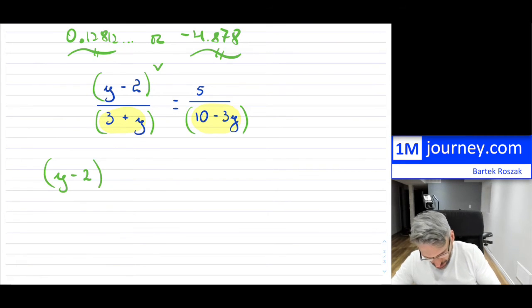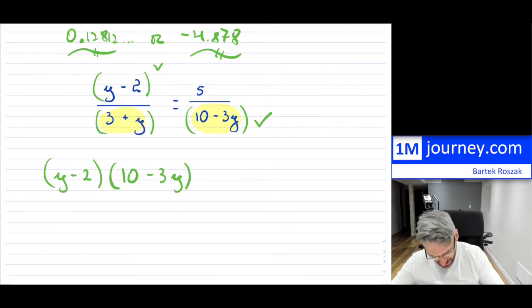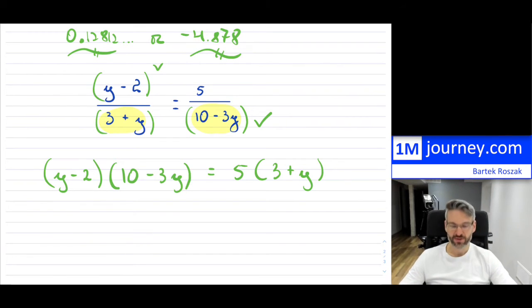So I'm going to cross multiply through here, so get rid of that from the right hand side, and then 5 is going to get multiplied by 3 plus y, all right? So that's through the cross multiplication, or multiplying the left hand side by 3 plus y, so that's going to cancel the denominator, and you have to do that to the right hand side. And then you have to multiply the right-hand side by 10 minus 3y, which is going to cancel that denominator, but then it's going to appear on the left.